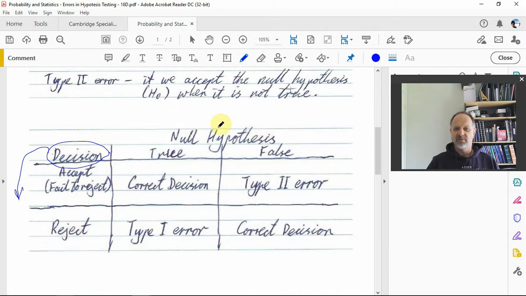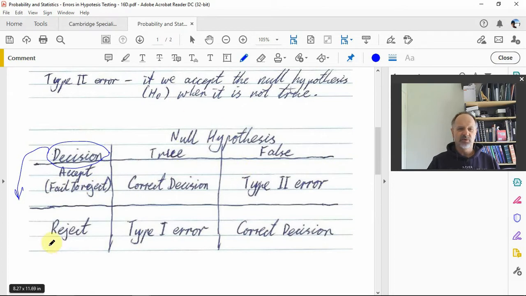So for the null hypothesis, there's two options: either it's true or it's false. If your decision is to accept the null hypothesis and it's true, then it's a correct decision. But if you've accepted it and it's not true, then that's a type 2 error.